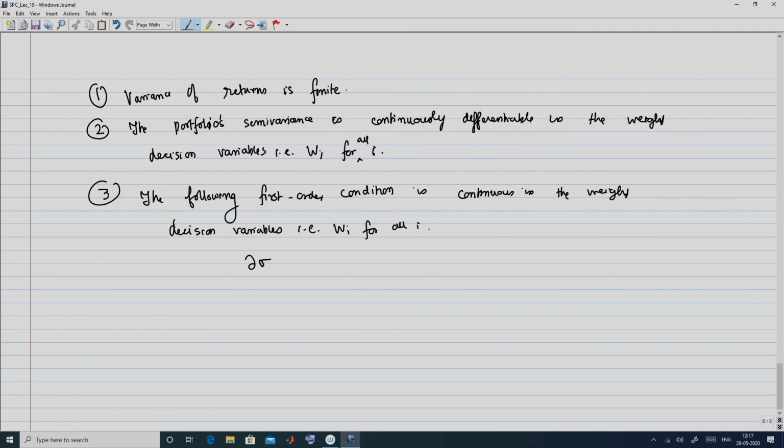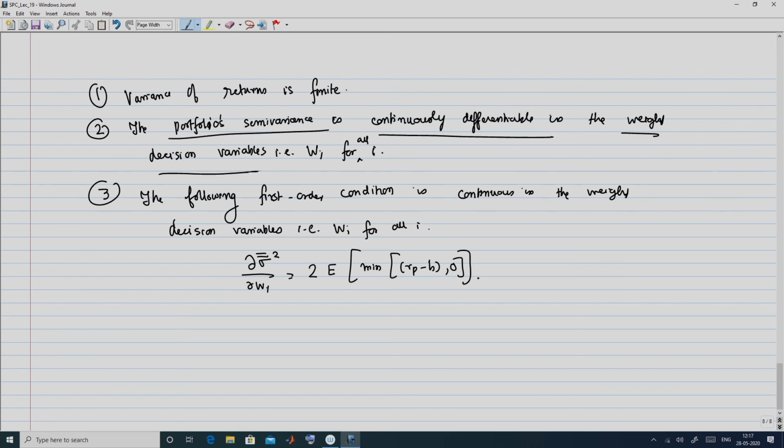This is del of sigma double bar square with respect to Wi, which is twice E into the minimum of Rp minus H comma 0. So, what we need is that the semi-variance should be continuously differentiable with respect to Wi, and the following first order condition is continuous.